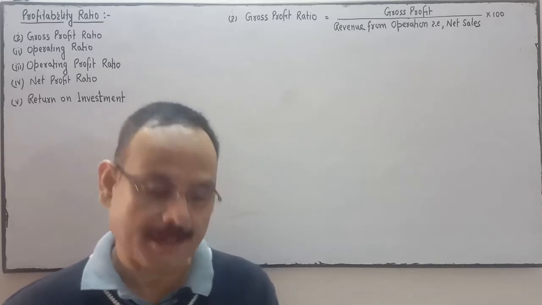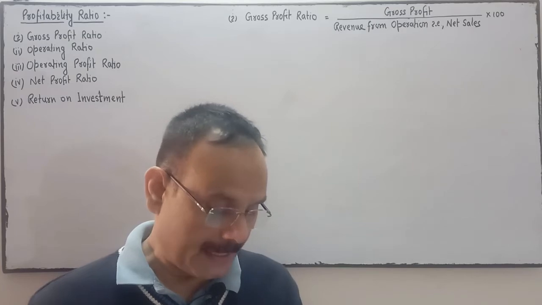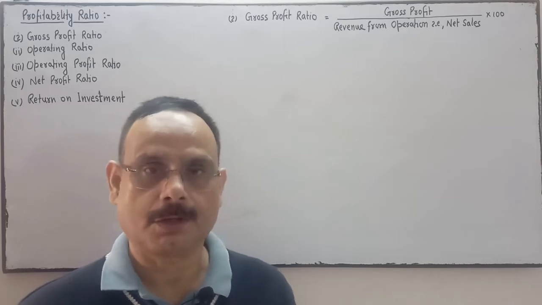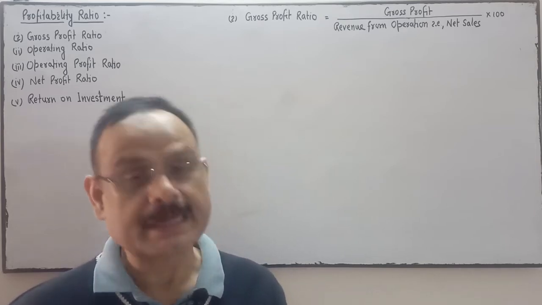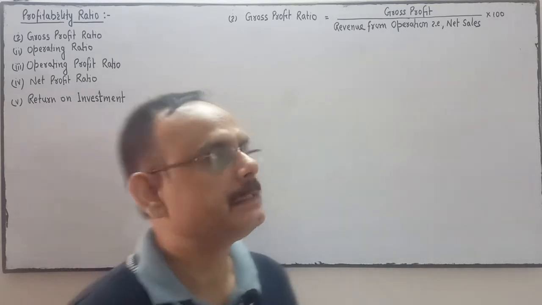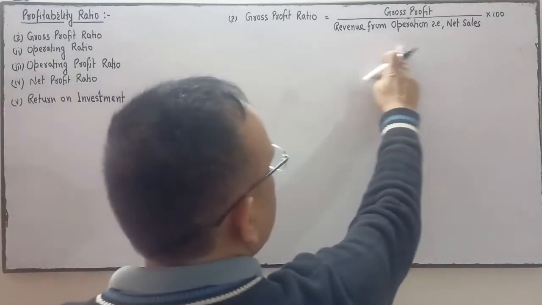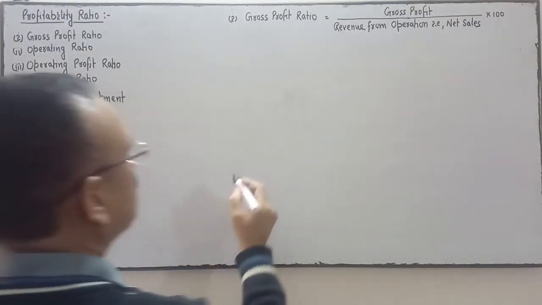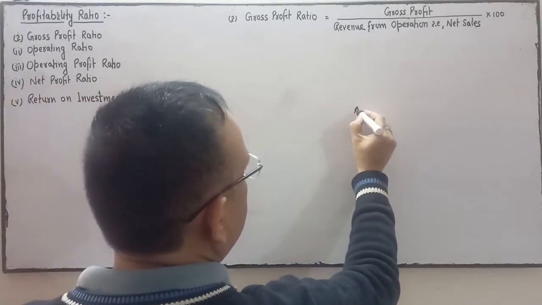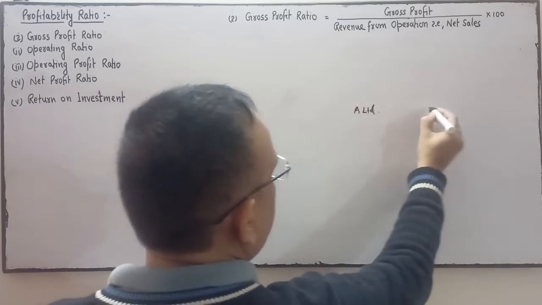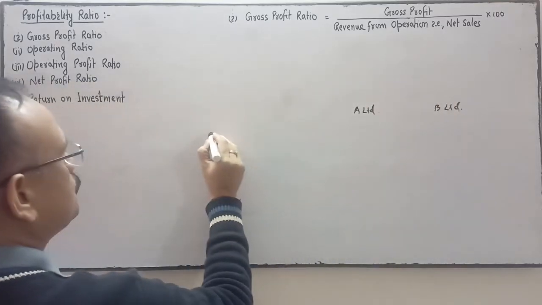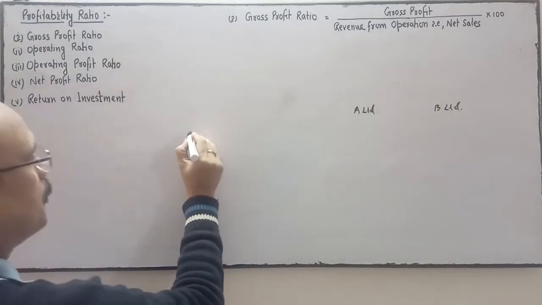The information given is net profit after interest, operating expenses, interest on debenture, revenue from operation gross, and revenue from operation return, that is sales return. From gross revenue we will deduct the sales return, then we will get the net revenue from operation.